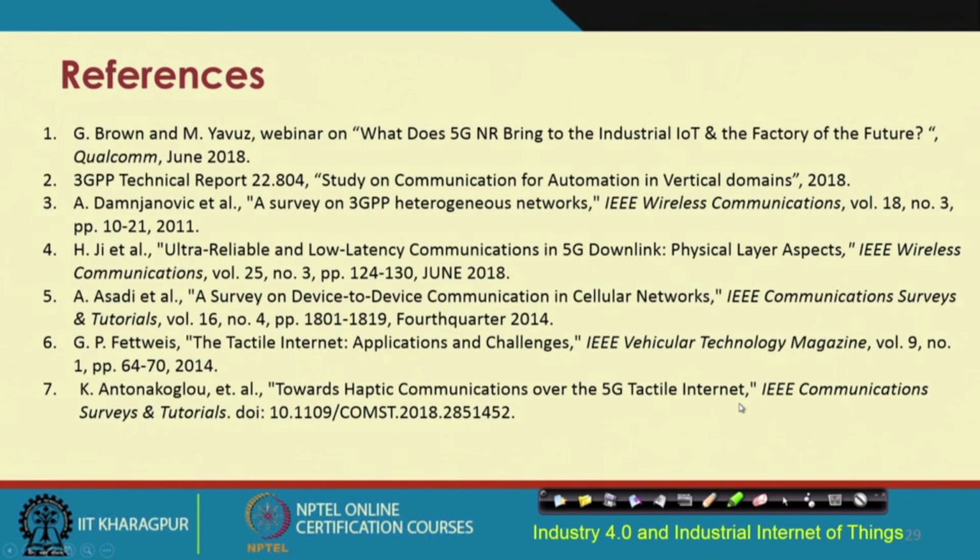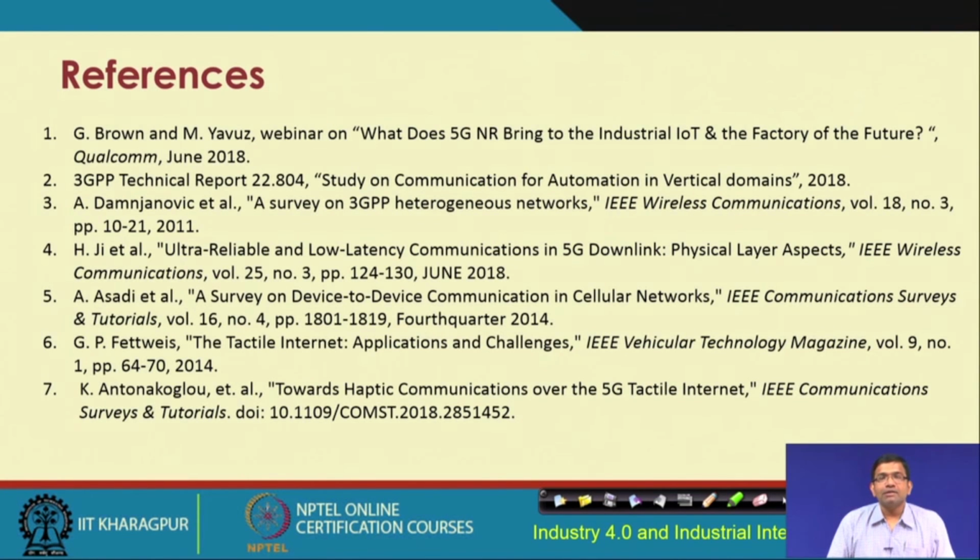With this we come to an end of this particular lecture, and we have looked at some of these modern technologies that could be used in the context of industrial communication, particularly with the help of 5G and tactile internet and so on. These newer communication technologies could be used in addition to the IoT communication technology that we discussed in the first module of this particular course.